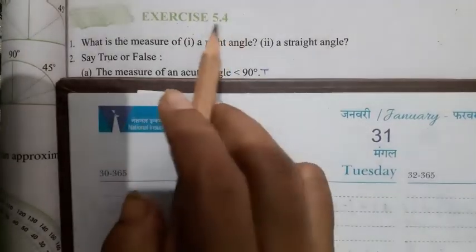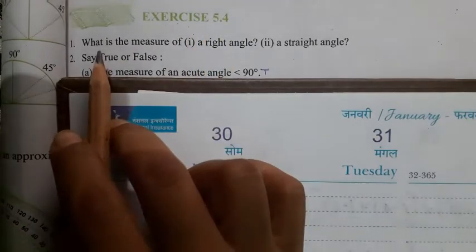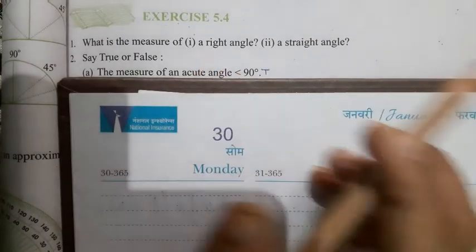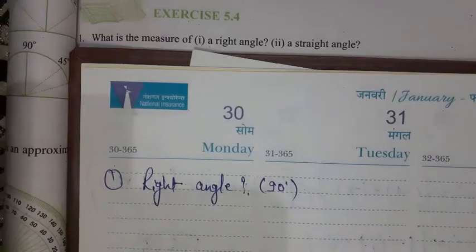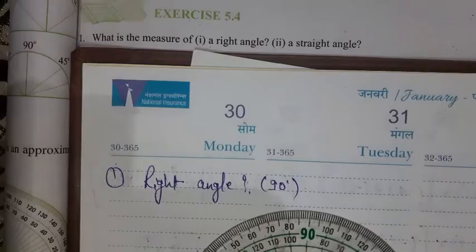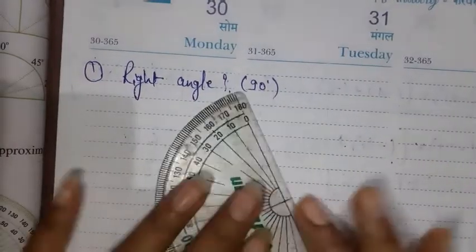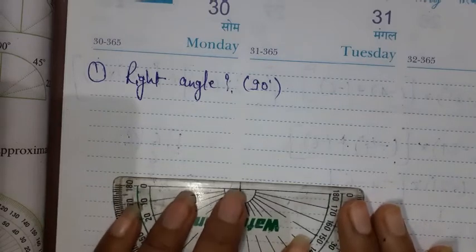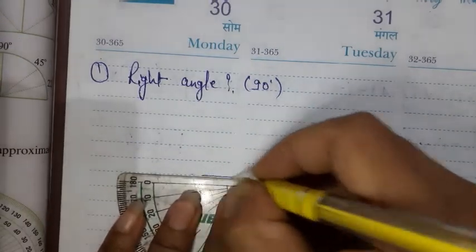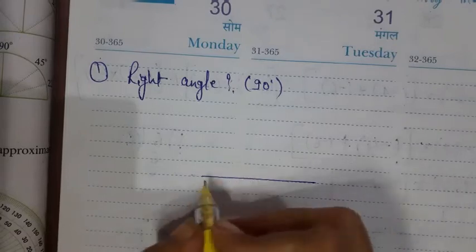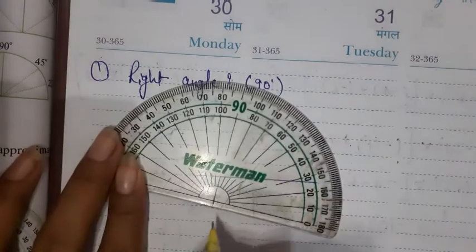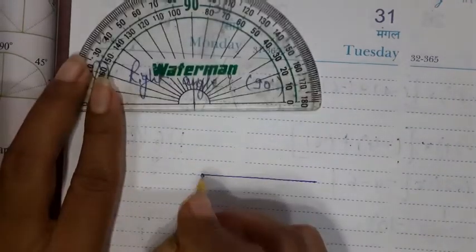Now we start exercise 5.4, and question number 1 is, what is the measure of? First is a right angle. So here first we draw a baseline. This is the baseline and the protractor point is fixed on that point.